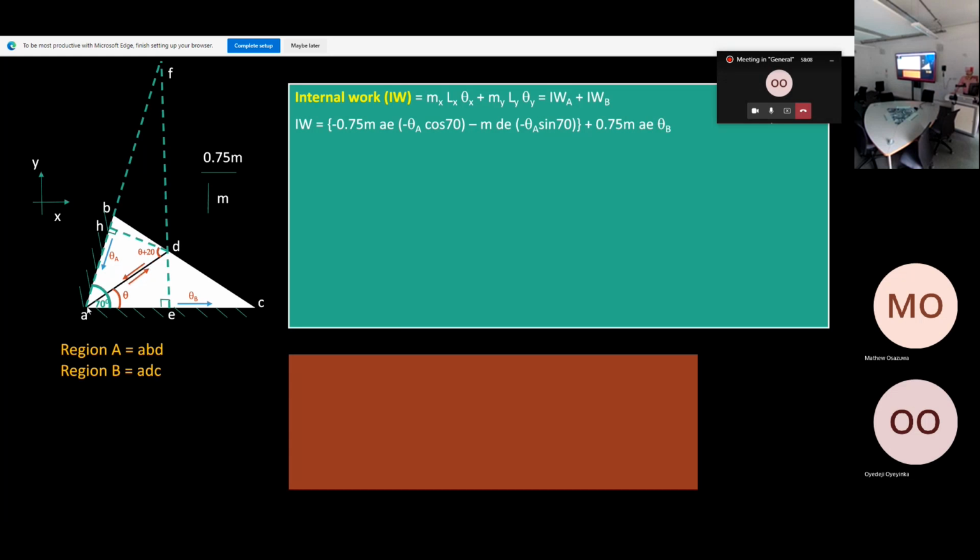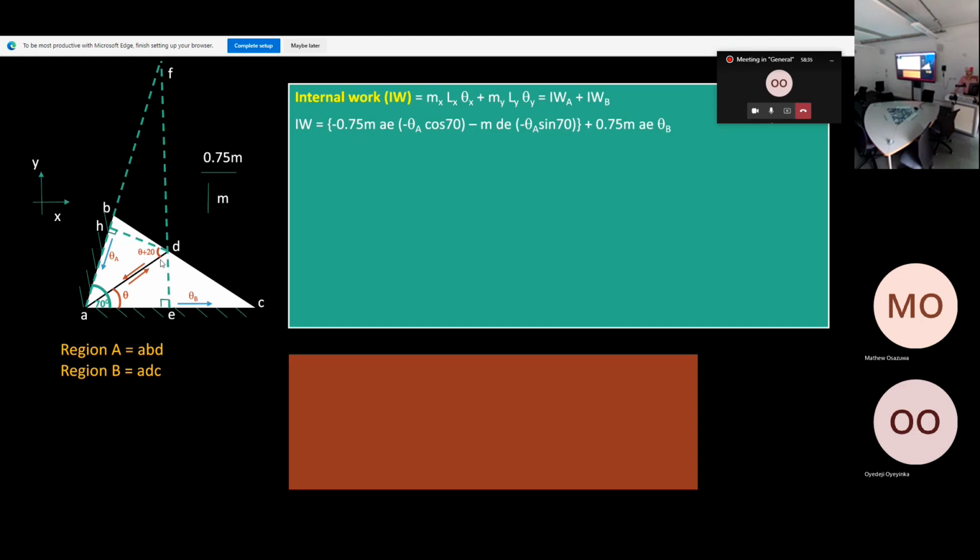When you project this vector onto the x-axis, do you agree that on the x-axis we have 0.75 m? Do you agree that the component of this vector on the x-axis is negative? Yes. So we have minus 0.75 m. This is mx. Done.